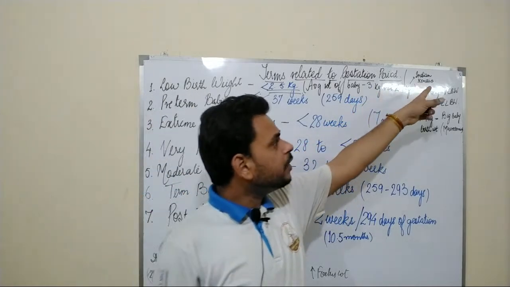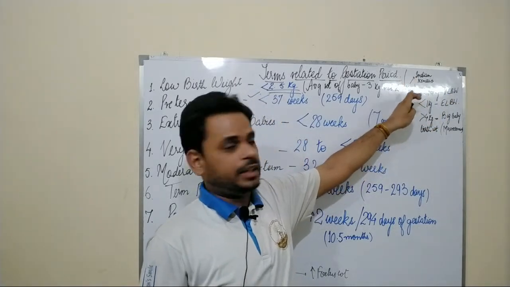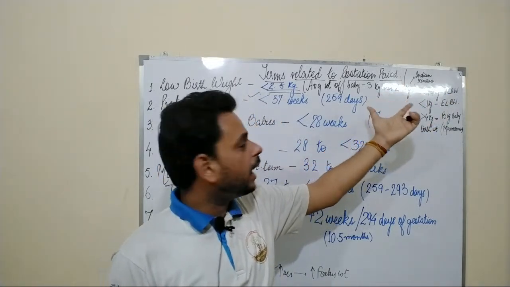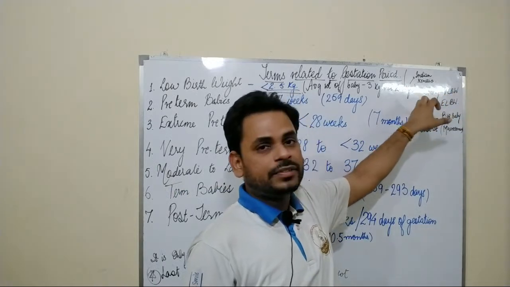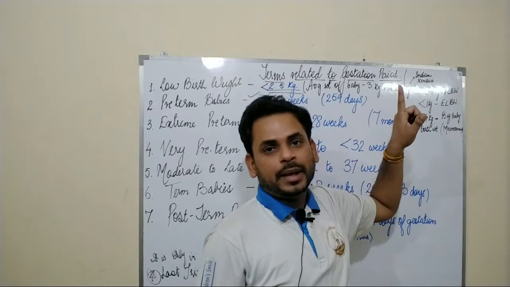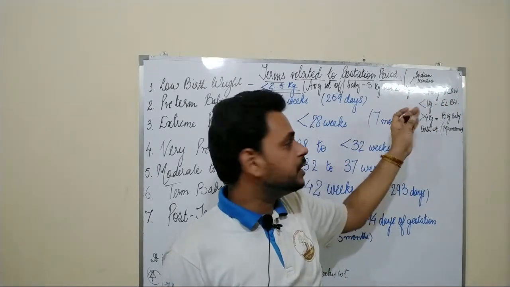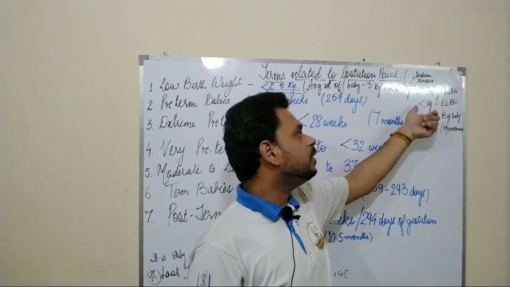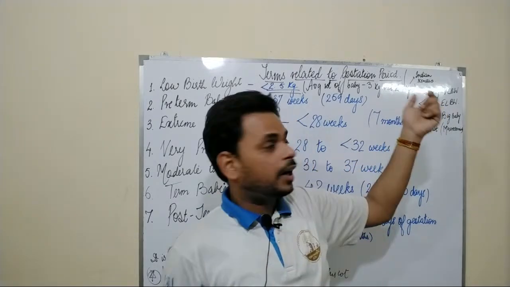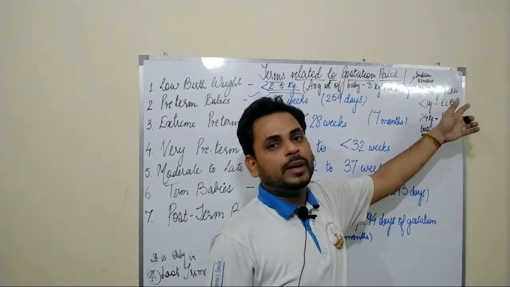If a baby is born with weight less than 1.5 kg, it is defined as a very low birth weight baby. If the weight of the baby is less than even 1 kg, the term given is extreme low birth weight baby.